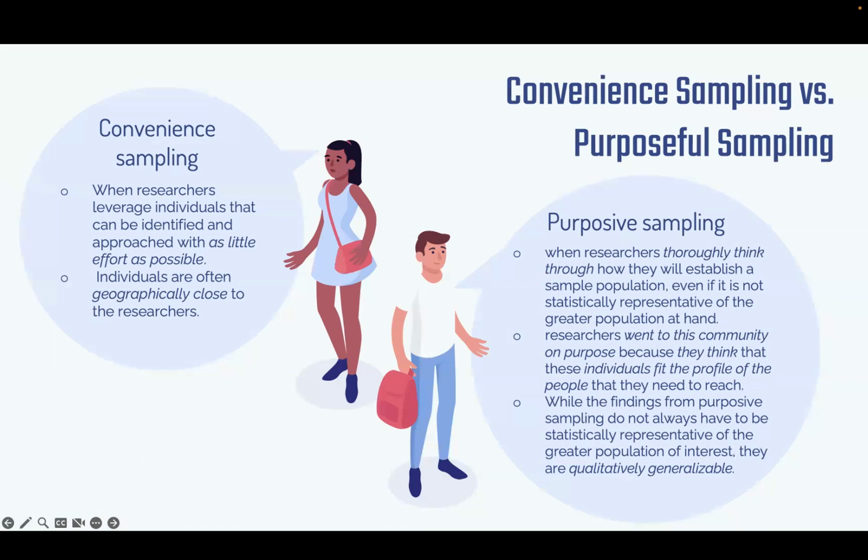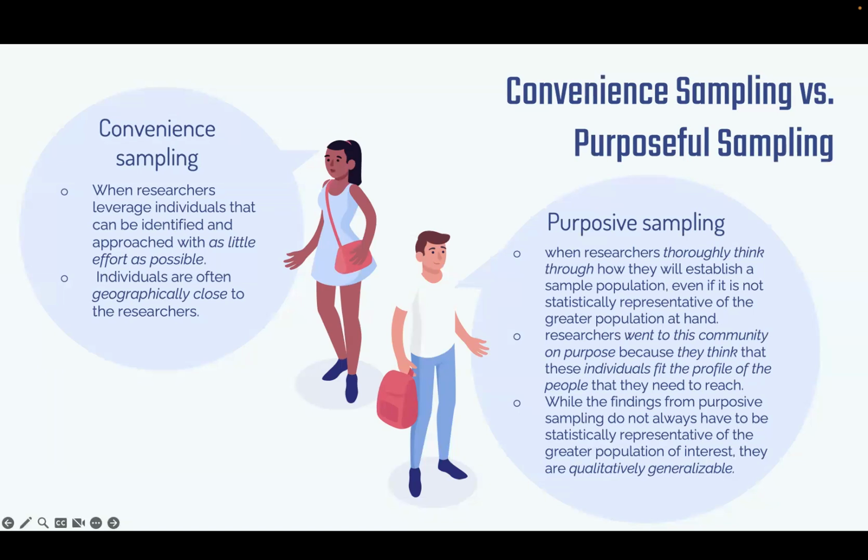On the flip side, purposive sampling is more like drafting players for a league. You are looking for specific characteristics that match the game's requirements. Researchers meticulously select individuals who provide the depth and richness required for the study. These participants are chosen deliberately because they embody the characteristics central to the research inquiry.